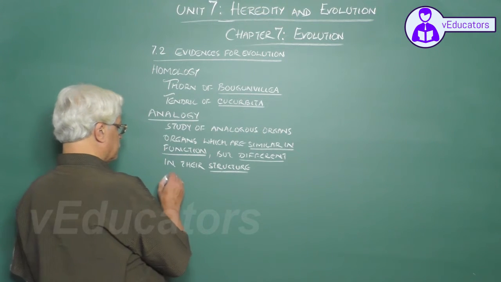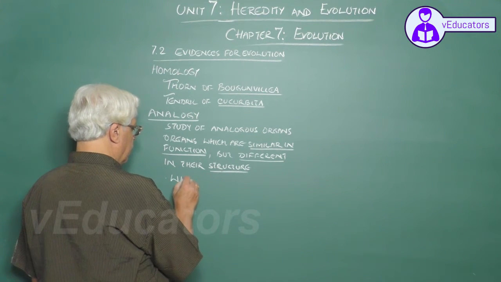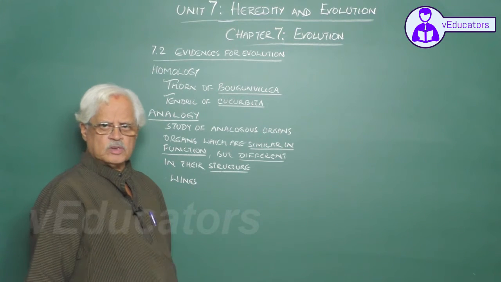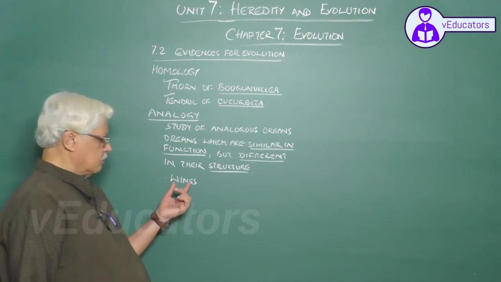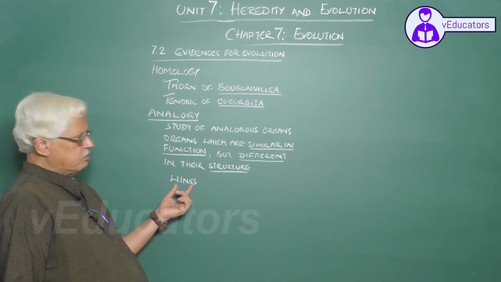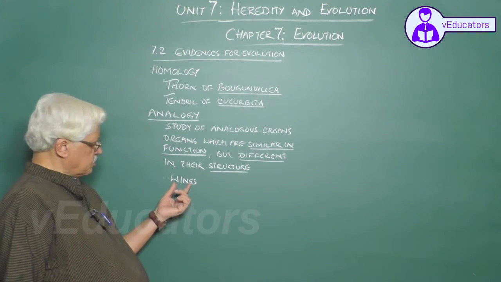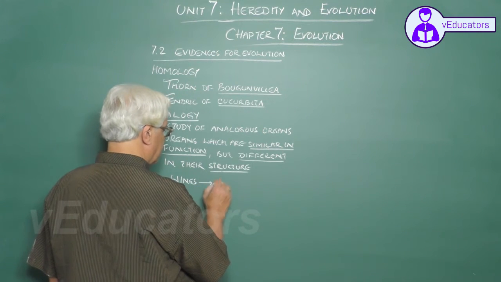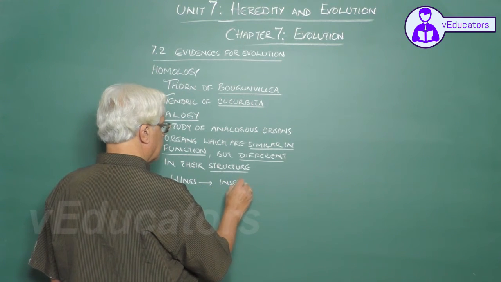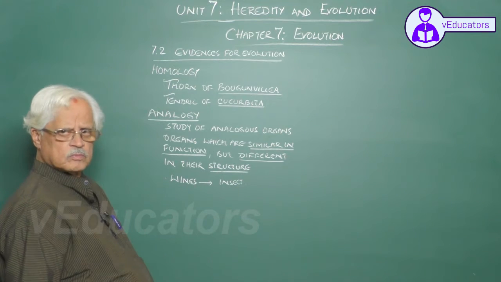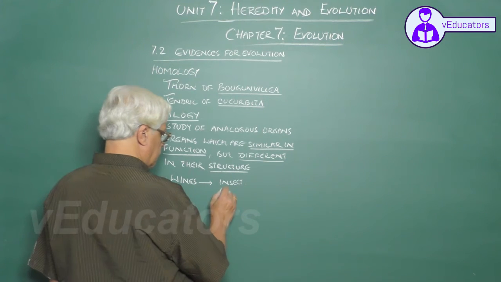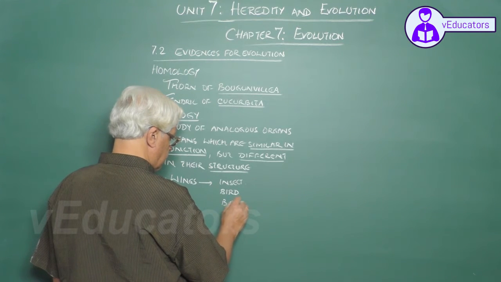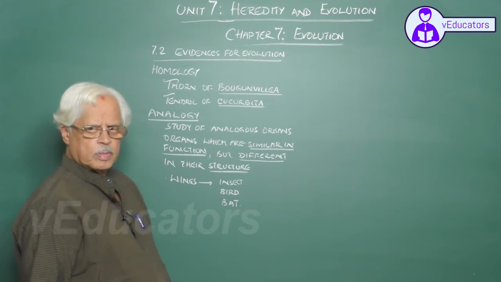For example, when we talk of animals capable of flying, the organs used for flight are called wings. Look at the wings of an insect, wings of a bird, and the wings of a bat.